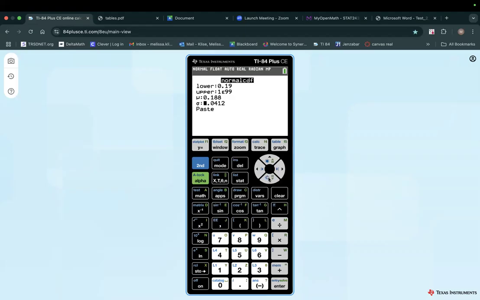I'm going to go down here to the standard deviation box, do square root of 0.188 times 1 minus 0.188, close the parenthesis, divided by 90, close that parenthesis.